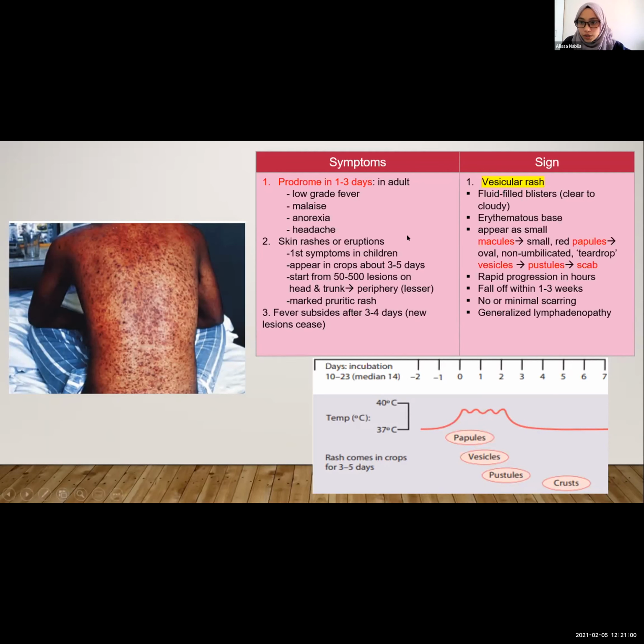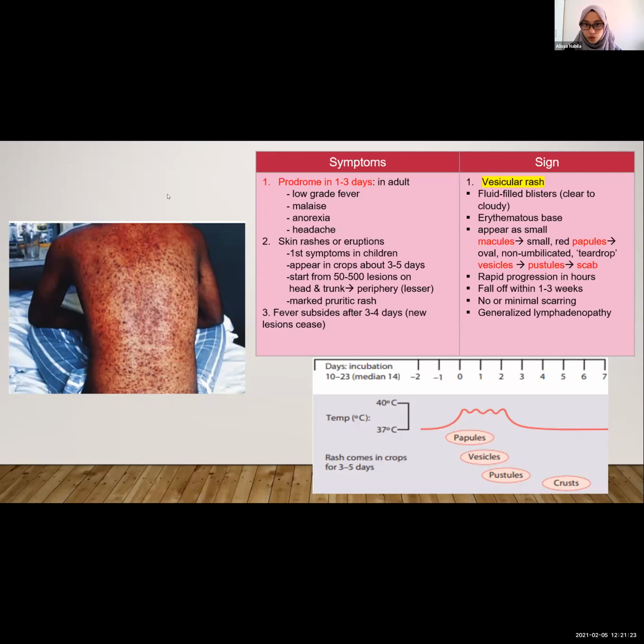For the vesicular lesion, we can identify that the rash is vesicular in nature. It has fluid-filled blisters, with fluid ranging from clear to cloudy. It has an erythematous base, and the rash has progression. It first appears as small macules, then red papules, then non-umbilicated vesicles, pustules, and scabs. It has rapid progression over hours.